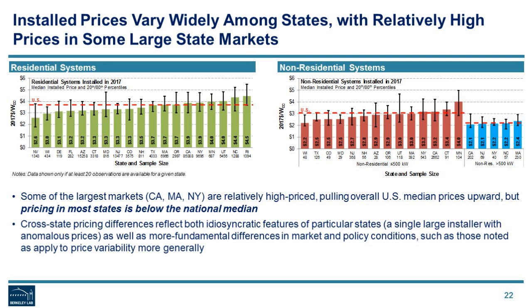I would also acknowledge that when looking at these state-level results, there can be some idiosyncratic behavior happening, especially for some of the smaller states where perhaps a single installer whose exceptionally low or high prices could be driving the overall statewide median. That's actually what's happening at the two bookends in the residential figure, where it's mostly a single installer that's responsible for the particularly low or high prices there.